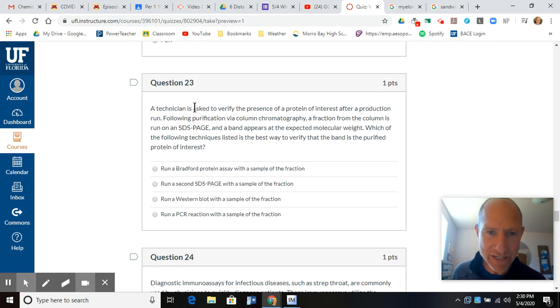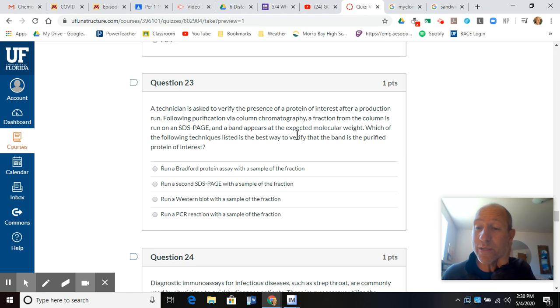Okay, a technician is asked to verify, that's to see if it's there, the presence of a protein of interest after a production run. So he does SDS page. So he runs a protein gel and then a band appears, and the band is where it's supposed to be. But how can he be sure that it's the right protein?